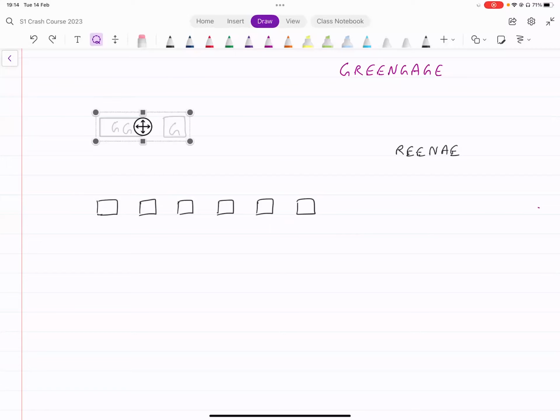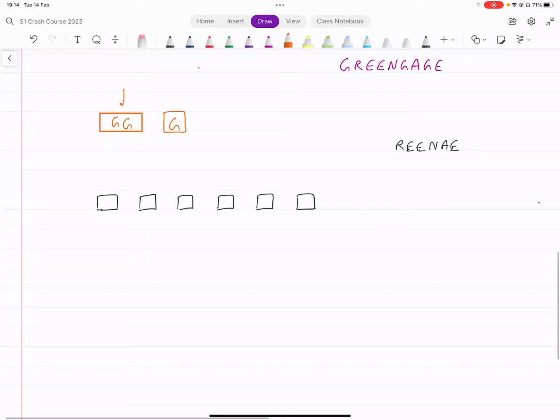And now we think about these 2 boxes in which we've put 2 G's in one box and then 1 G in another box, right? Now we want to place these 2 boxes in 2 of these places. These are the gaps that we have. We could place those boxes either here or here or here, and so on. These are the options for putting those 2 boxes, right?